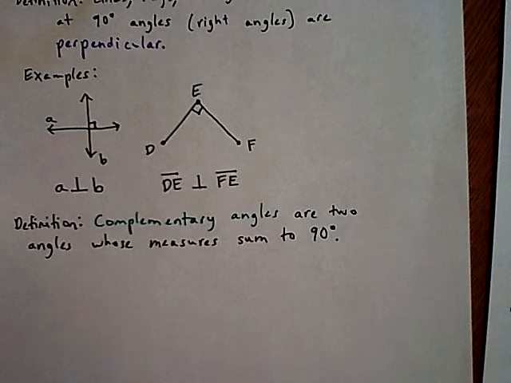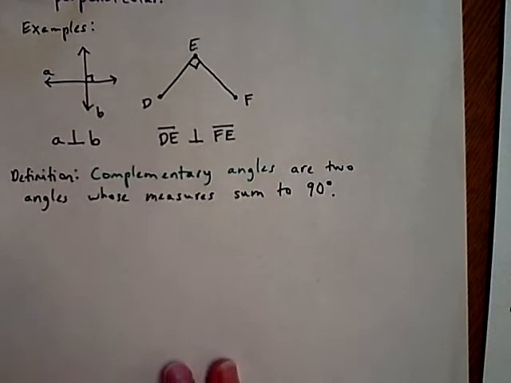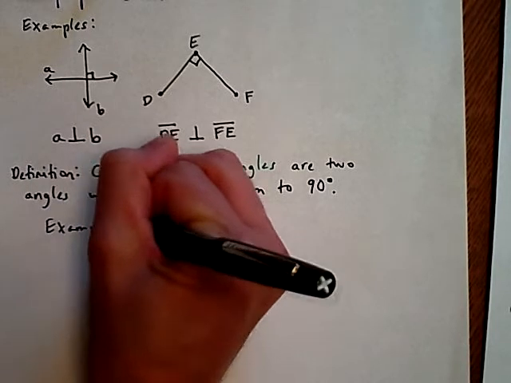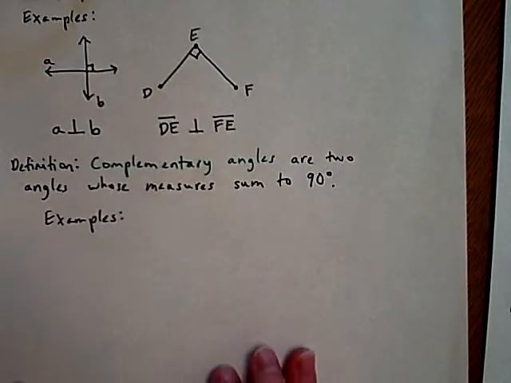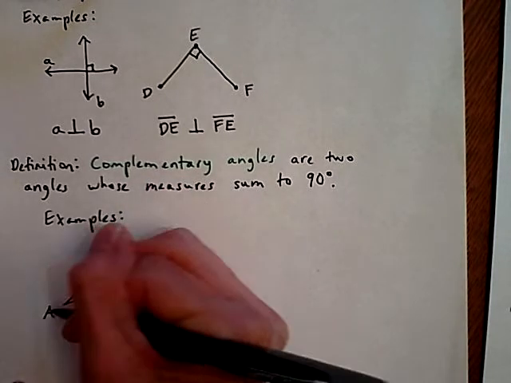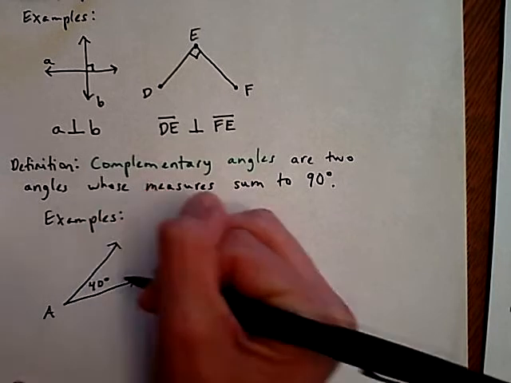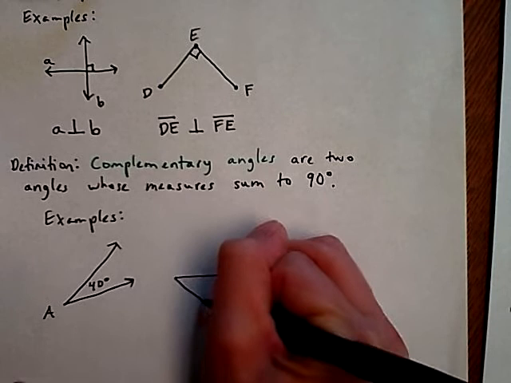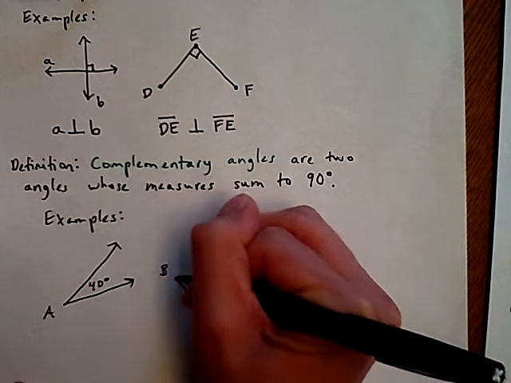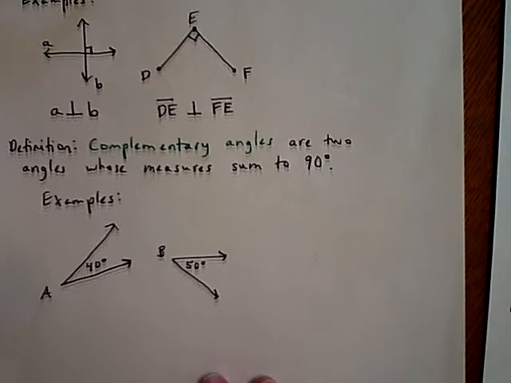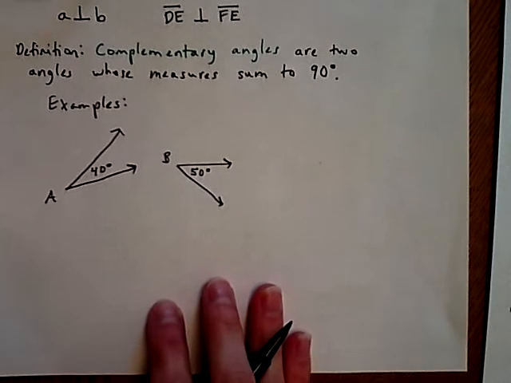So let's look at some examples of complementary angles. If angle A is 40 degrees, and then I have an angle B that's 50 degrees, then A and B are complementary.